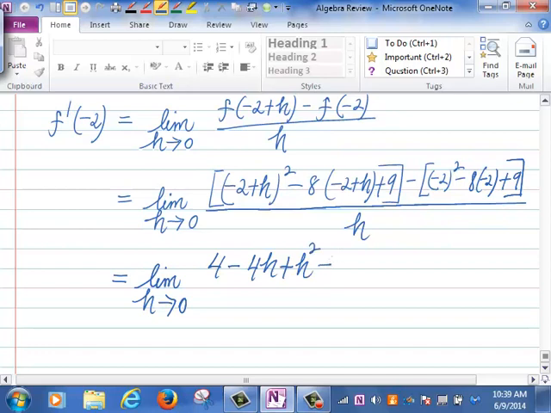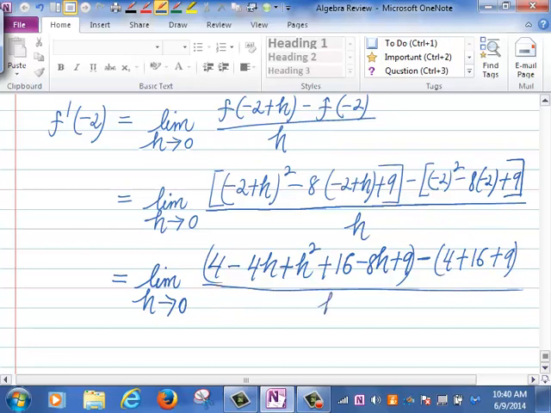Here you get negative 8 times negative 2, that will be plus 16, minus 8h, plus 9, and then minus, so this is what I have from the first brackets, and from the second brackets I get what? Negative 2 squared, right? So that's 4, and so I have a 4 plus 16, plus a 9. Is that okay?